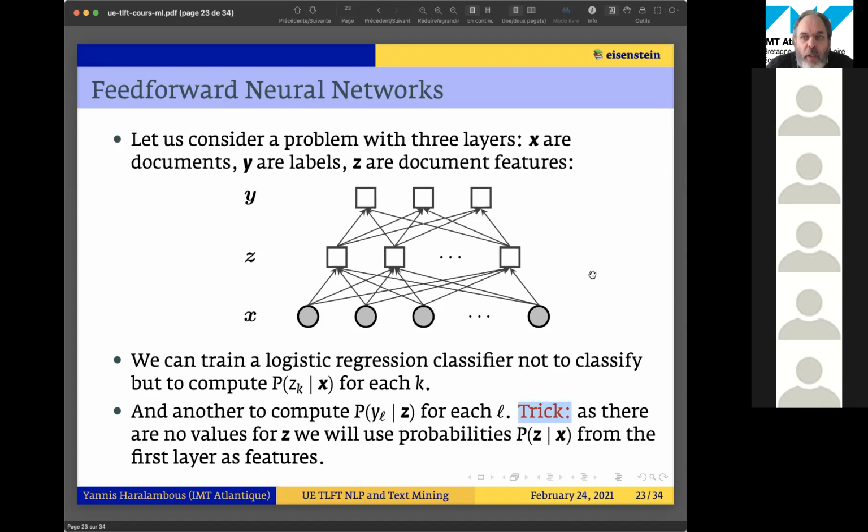So we don't have the real values of Z. We don't know whether a word is positive or negative, and if this is a feature or not. What do we have? We have the probabilities. And these probabilities are calculated by logistic regression. So here we take advantage of the fact that logistic regression is more than just a classifier in the sense that it will say yes or no.